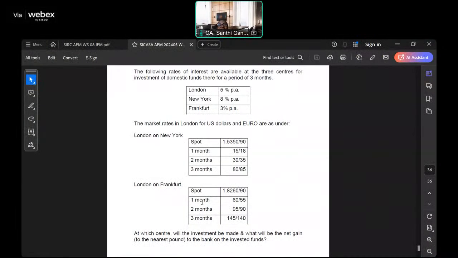This London on Frankfurt. This is what we have to look at. What you have is USD. What you want is Euro. You have GBP USD. You have GBP Euro.